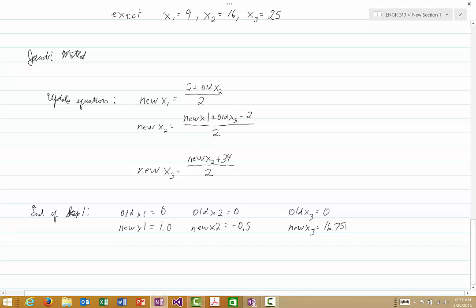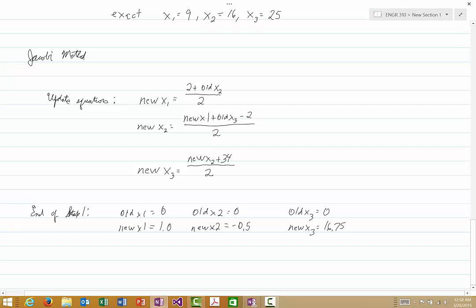So 1 plus old x3 is 0, so that's 1 plus 0 is 1, minus 2, so negative 1 over 2. That's how we get the negative 0.5. And then finally for new x3, we'll take this new x2 that we just calculated, minus 0.5, add it to 34, so that'll give us 33.5, and then divide by 2, and we get 16.75.